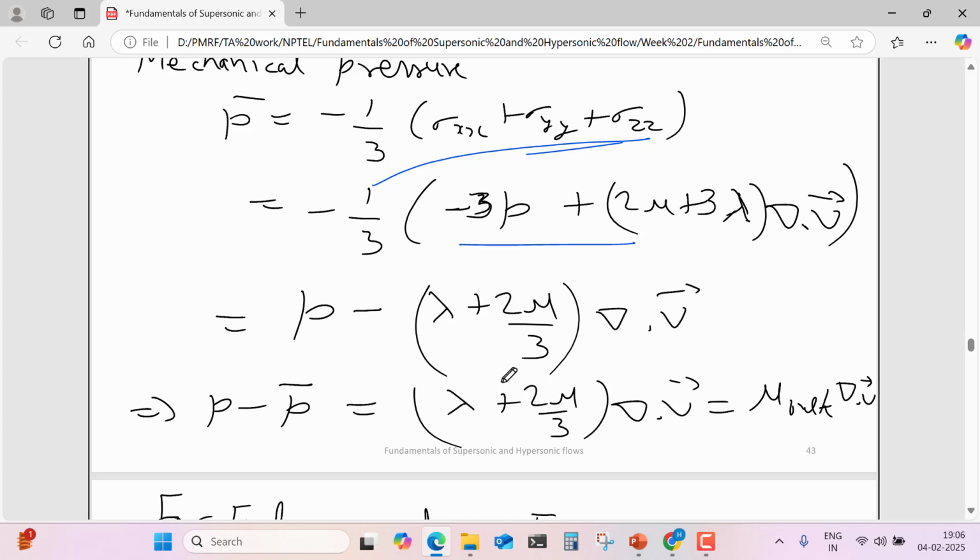So from this equation we can see that P is the thermodynamic pressure, and P bar is the mechanical pressure. The difference between the thermodynamic pressure and the mechanical pressure is not zero; it is equal to lambda plus 2 mu by 3 times del dot v. And this lambda plus 2 mu by 3 is given by mu bulk.